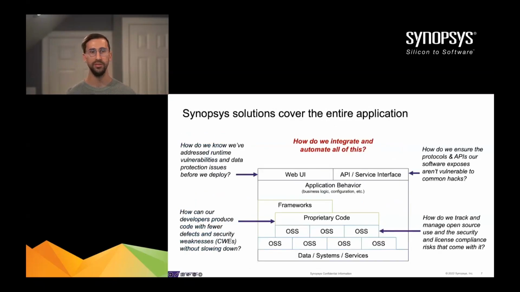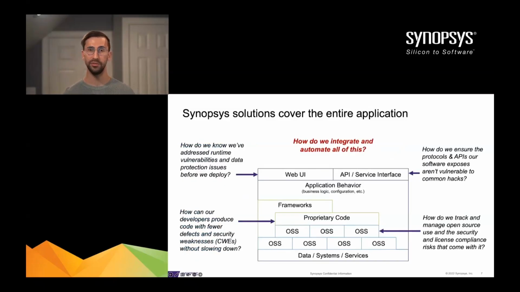So how do we do this? Looking at how a modern application is built, again, there's going to be a healthy layer of open source. On top of that, there's going to be some proprietary code that you're developing, which is the secret sauce, if you will, to your business's success and to your value proposition in the market.